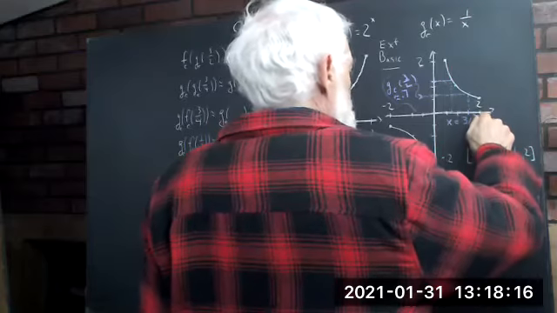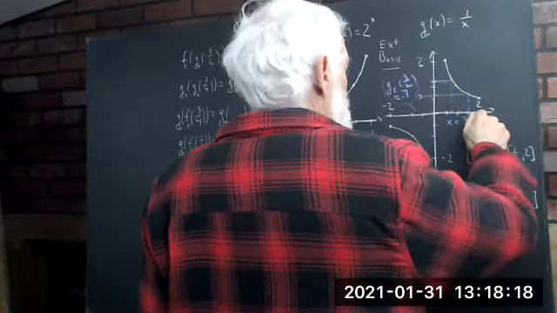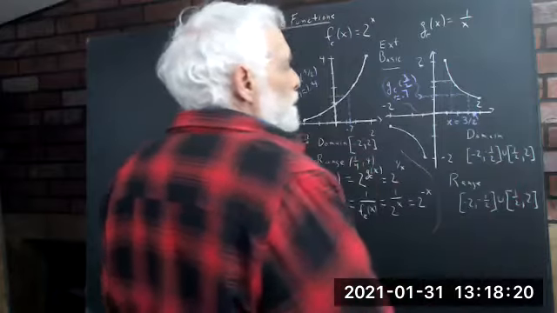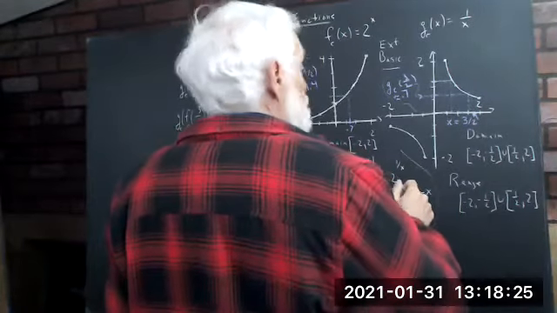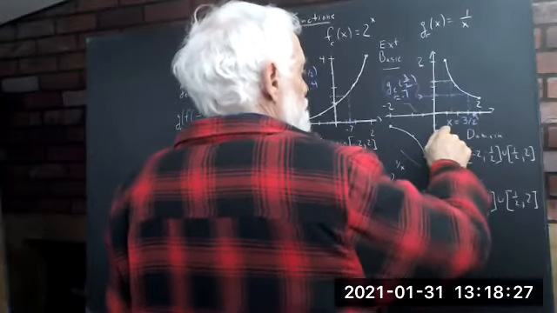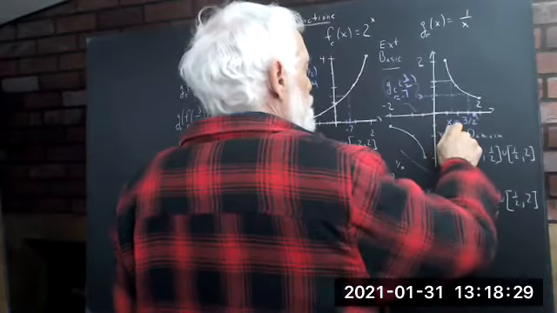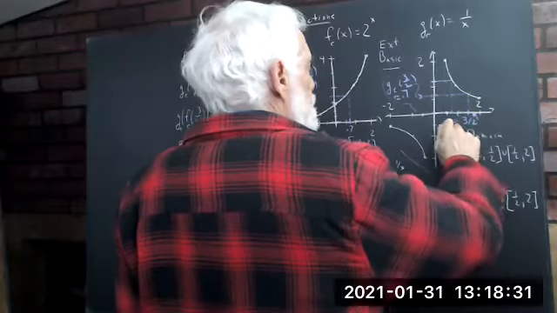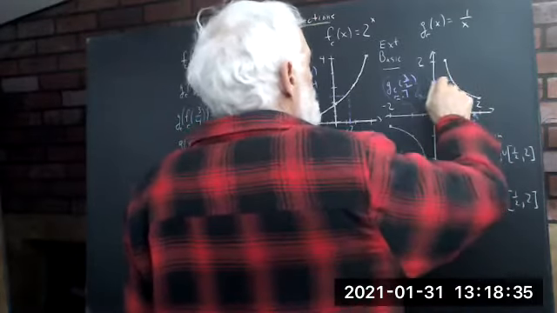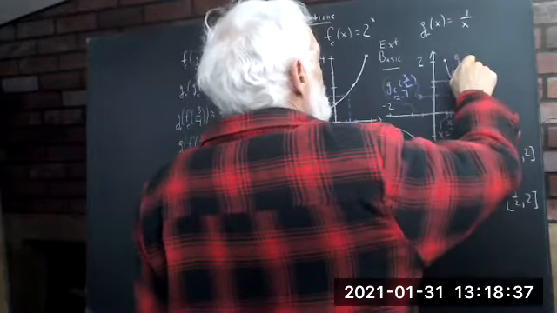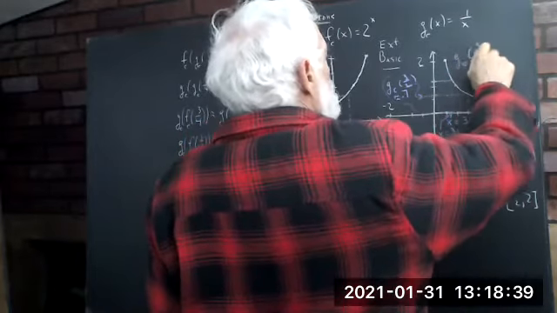I'm going to draw an arrow anyway. Here's x equals 3/2. Here's x equals 3/4. So here is g of 3/4.